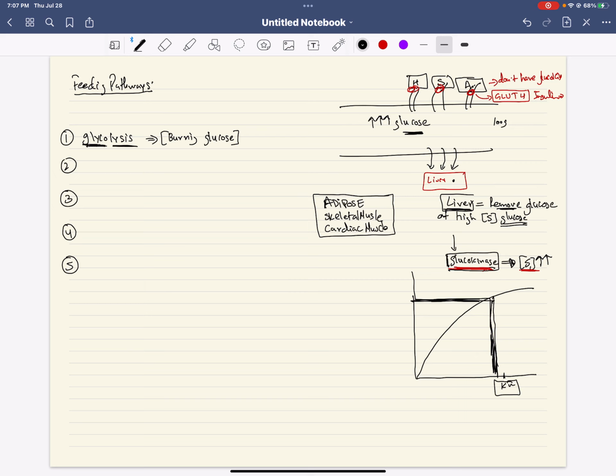You can store the glucose into these cells. When you store, what do you call that? Storing glucose is glycogenesis. So basically you're storing in the form of glycogen. What else can you do? Well, you are doing glycolysis, you're burning glucose.